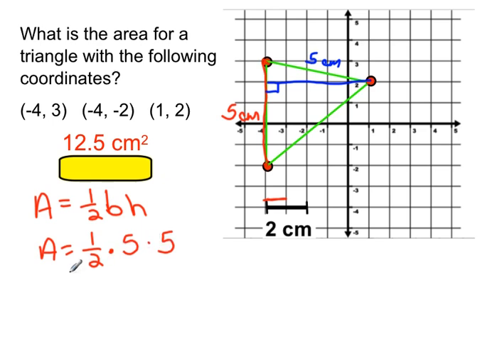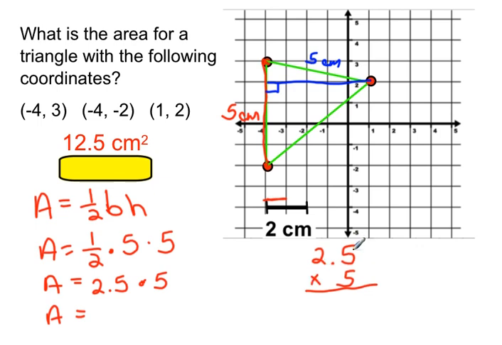All right, so if we do that, we know that the area will begin with 1/2 of 5, which is 2 5/10, times 5. And then, of course, if we multiply 2 5/10 times 5, we might have to do that over here because that's definitely not a quick fact. And so we multiply out our math. 5 times 5 is 25, carry the 2. 5 times 2 is 10, plus 2 is 12.